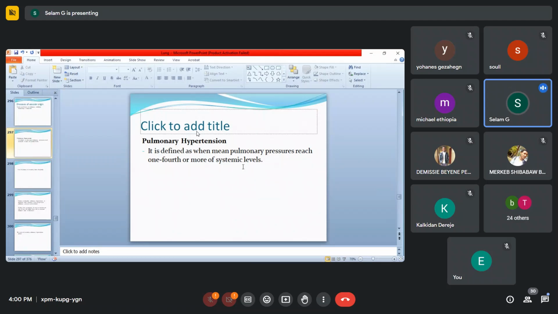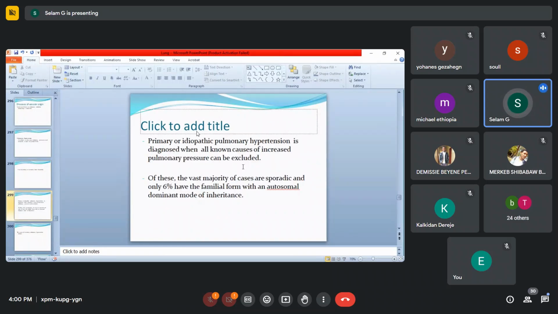Pulmonary hypertension is defined as when mean pulmonary pressure reaches one-quarter or more of systemic level. So this is how you define it. It can be primary or secondary. The secondary is most frequently encountered. Primary or idiopathic pulmonary hypertension is diagnosed when all known causes of increased pulmonary pressure can be excluded, like diseases occurring in the heart or the lung.